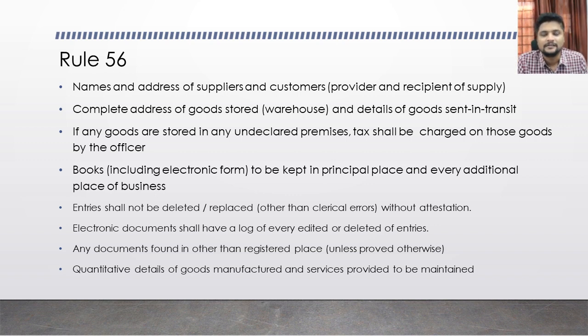To summarize, the documents can be maintained in both principal place of business as well as additional place of business, but it is mandatory that the documents relating to transactions done from additional place of business has to be maintained there. Clear or not? So the next point is entries, if the books are maintained in physical form.